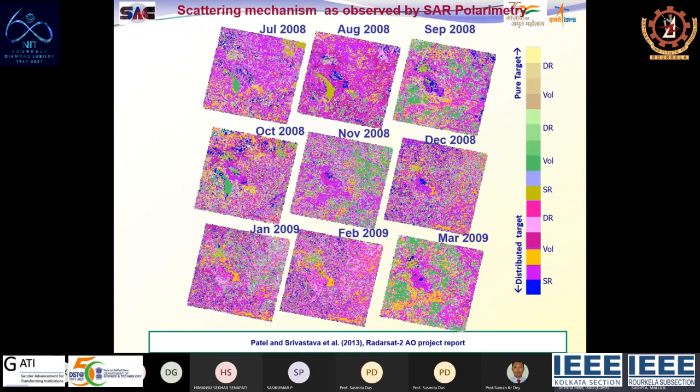Once this decomposition of the scattering mechanism has happened, you can start extracting information about the surface roughness, soil moisture content, vegetation water content, and vegetation volume.